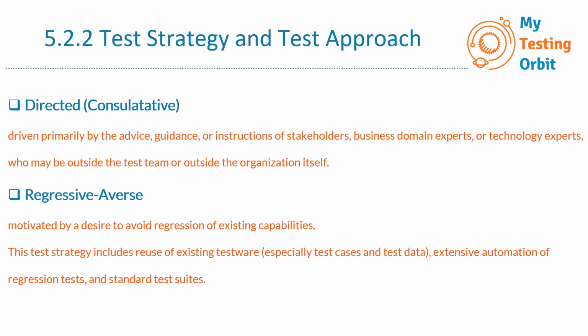The same is true for standard test suites. So regression-averse is basically about reducing the risks associated with the regression activity by reusing the tests, test cases, or automation tests which we already have.